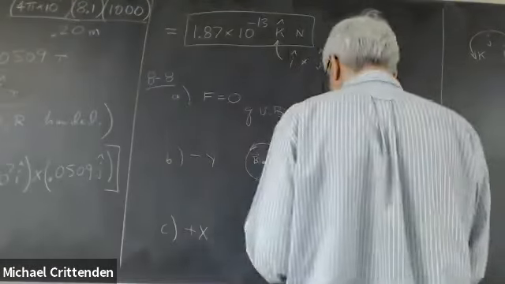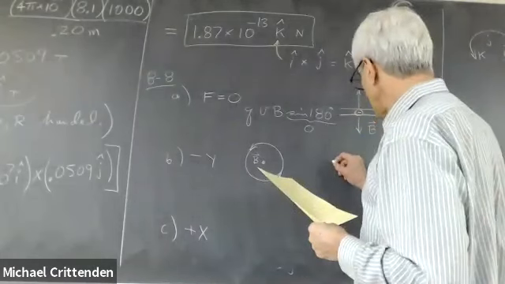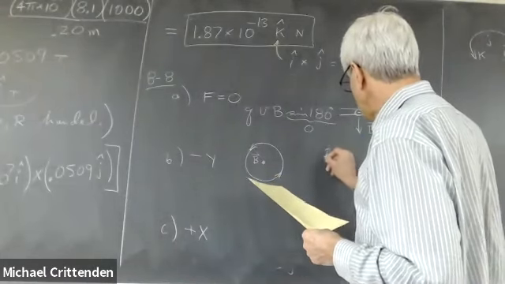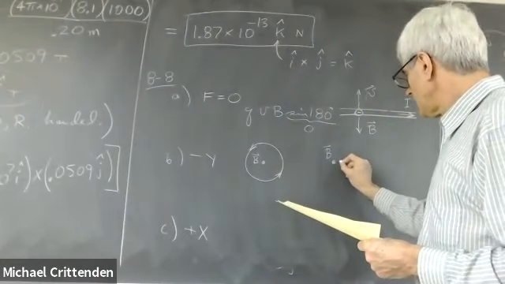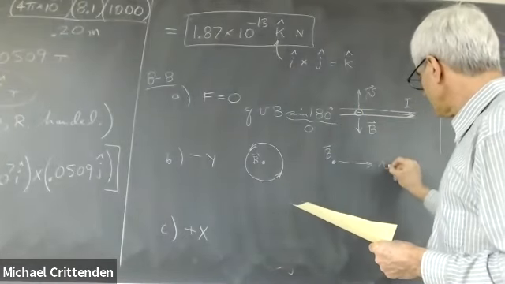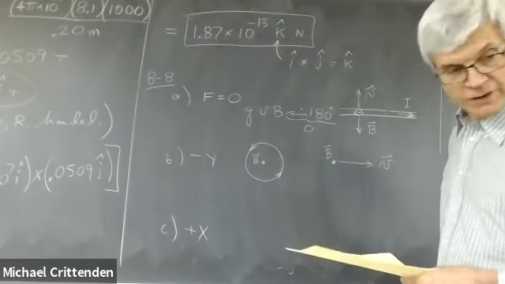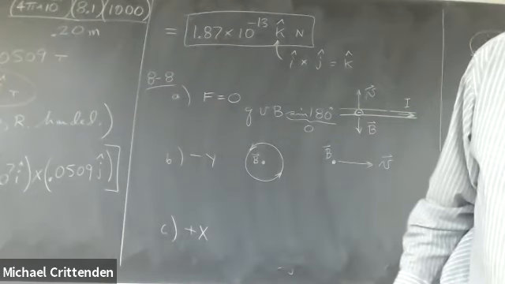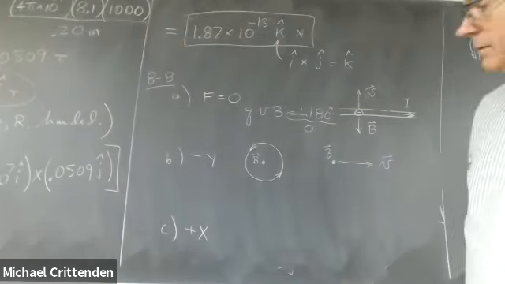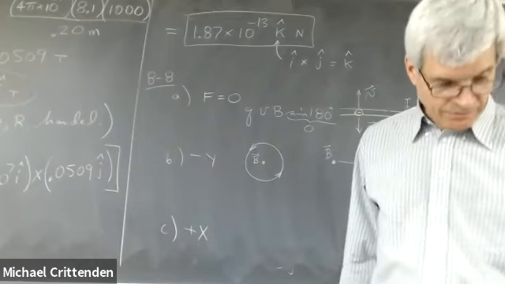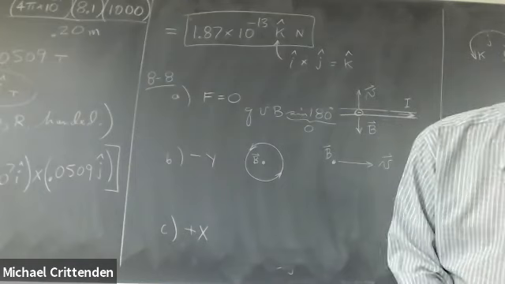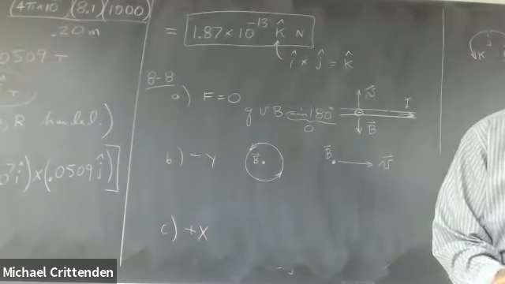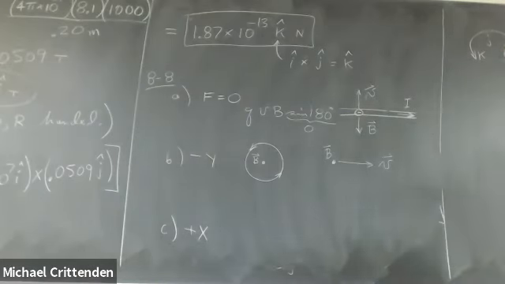Once you know that, B points that way out of the blackboard. The velocity vector points that way. Possibly it might be helpful to make a little model out of pencils and pens. Or maybe you just want to skip that and use the little circle with the I, J, and K in it.